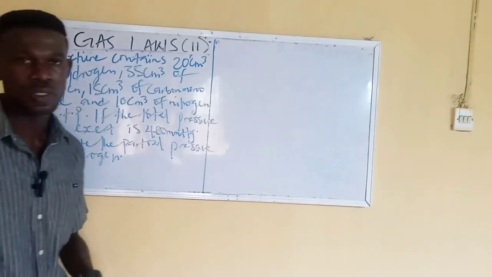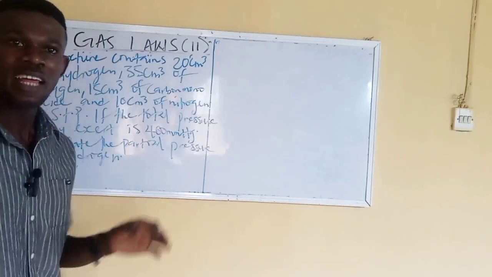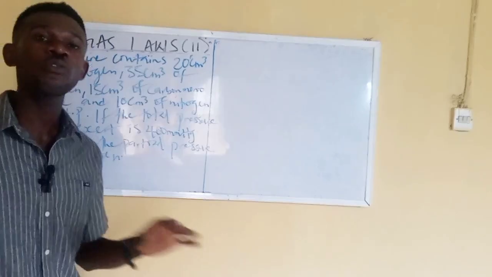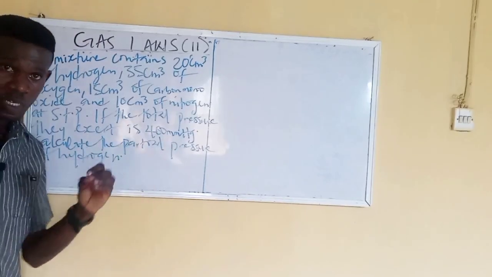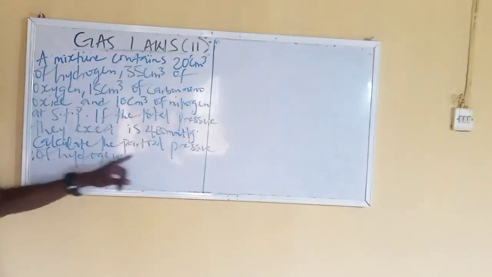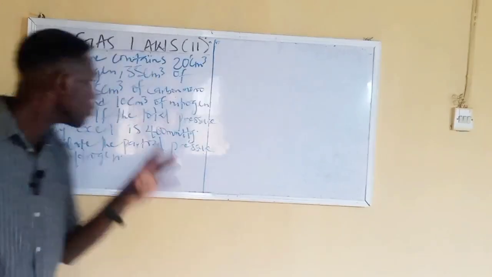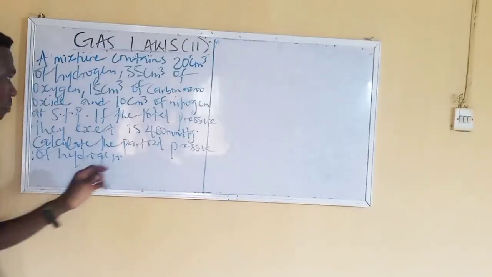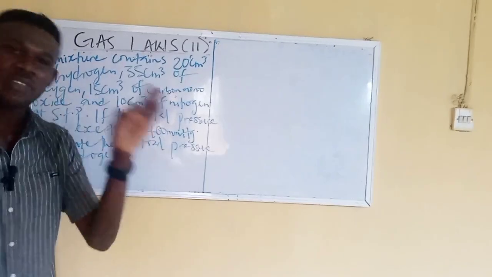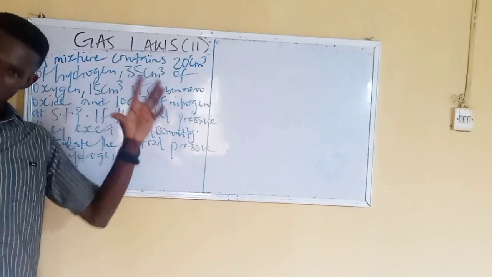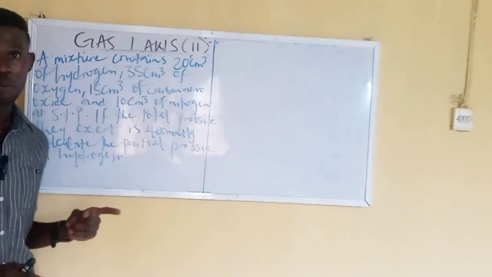How do you carry out calculations like this? There are 2 ways. The first one is the number of moles of the particular gas you are looking for the partial pressure of, over the total number of moles of all the gases, multiplied by the total pressure they exert. The second is the volume of the gas over the total volume of all the gases, multiplied by the total pressure.